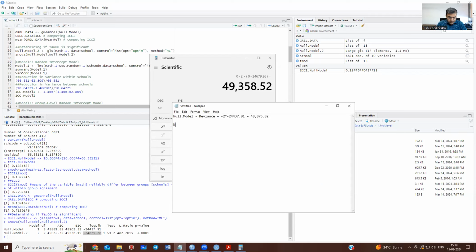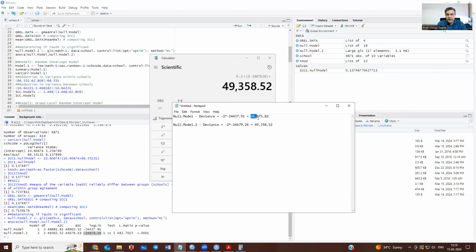So our null.model.2, the deviance is equal to -2 times -24679.26, which is equal to 49358.52.